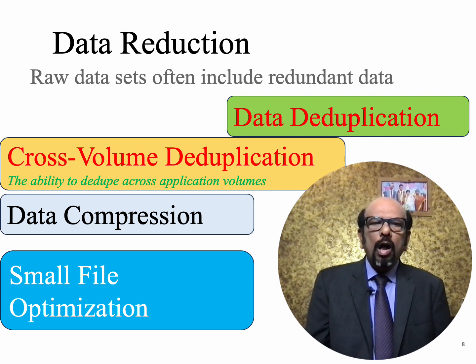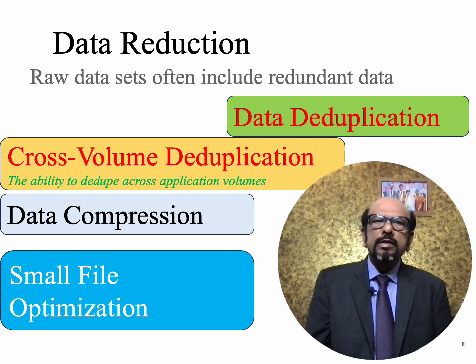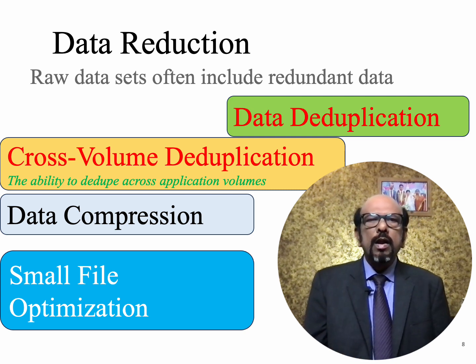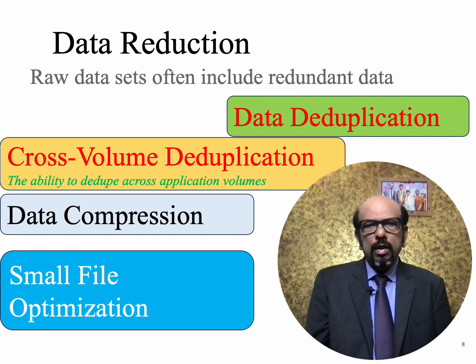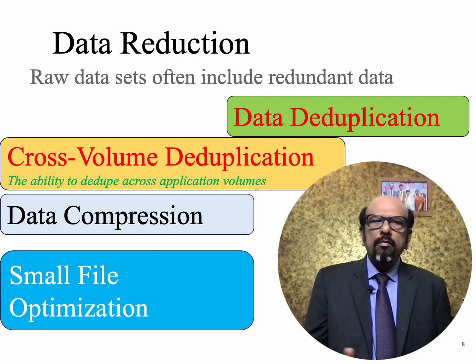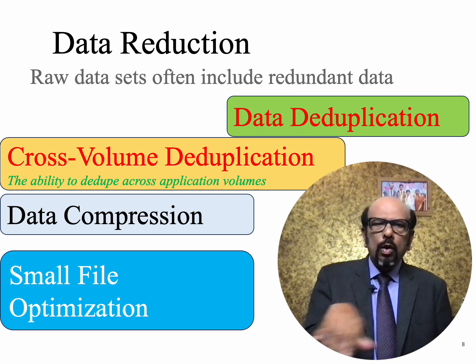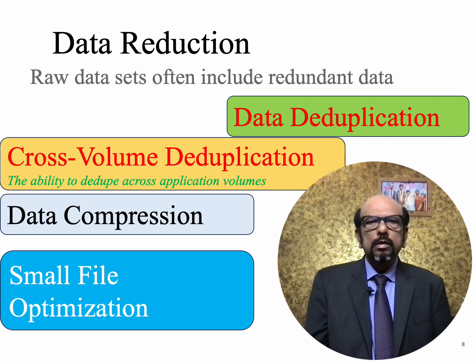Similarly, small file optimization is another approach. So in data reduction, we are removing redundant data. The redundancy may be in the form of row or column. So removing those is called data deduplication.